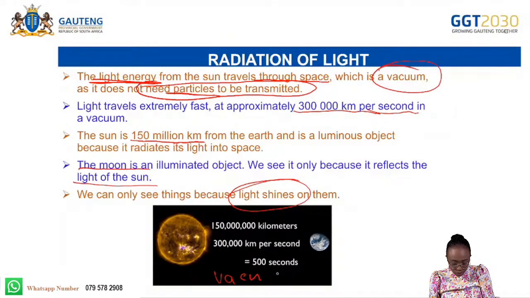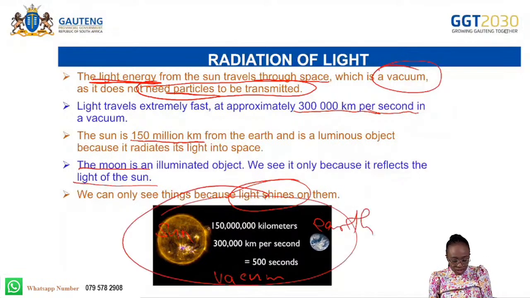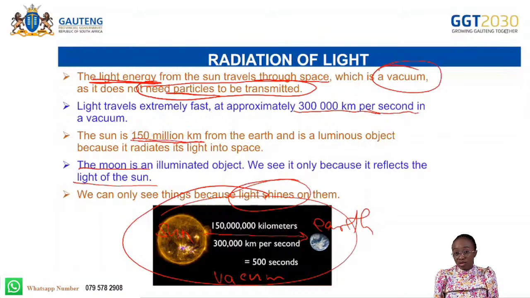There is absolutely nothing there between the sun and the earth. So the light from the sun travels at a speed of 300,000 kilometers per second over a distance of 150 million kilometers. So how long do you think it takes for the light to reach the earth?